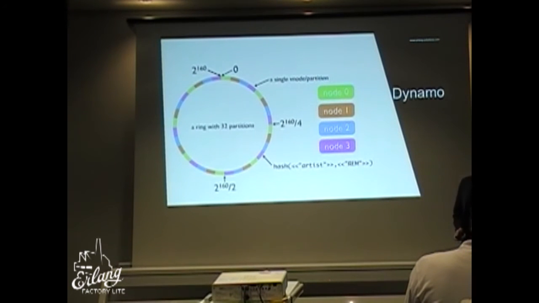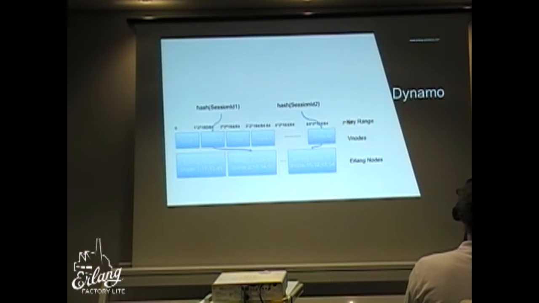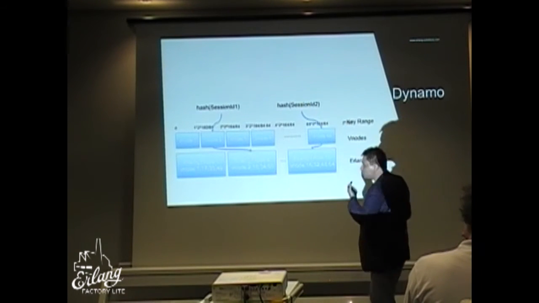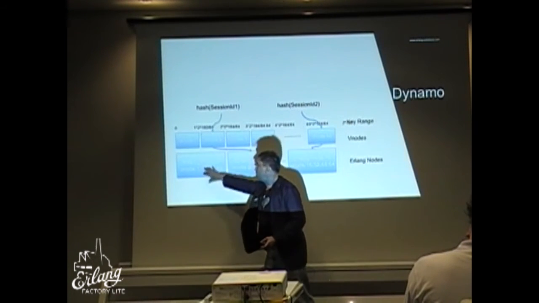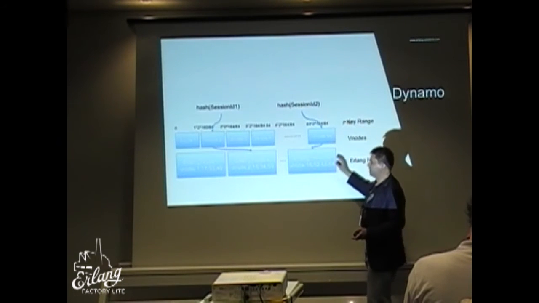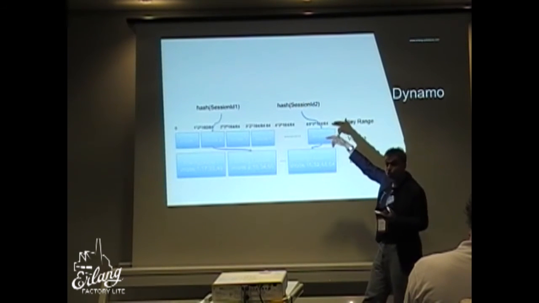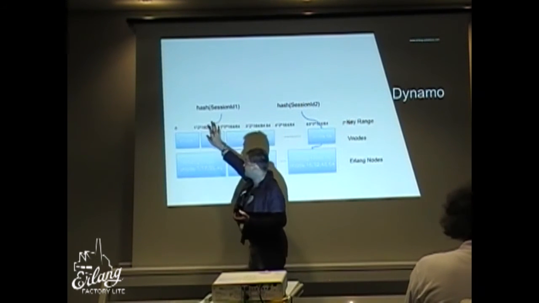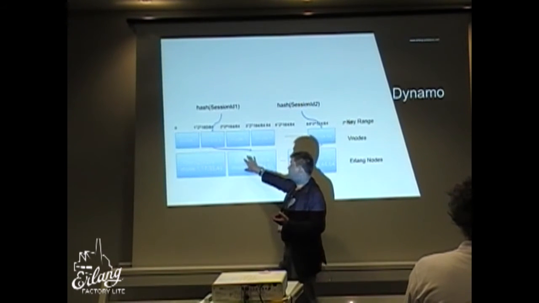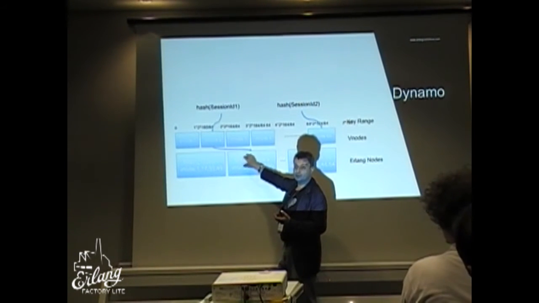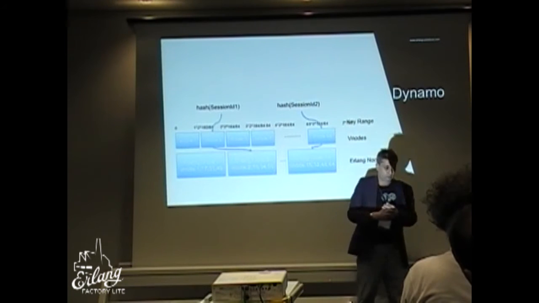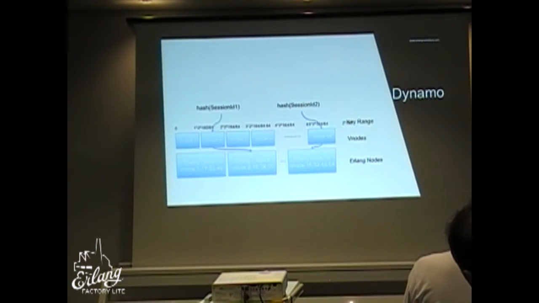You then use these partitions, being called vnodes, virtual nodes, and place virtual nodes onto physical nodes. So when you have a session, you hash on it, you get passed onto the virtual node, which then passes you onto the physical node. So it becomes, in effect, a router, it becomes a job scheduler, and it becomes just a gigantic switch.